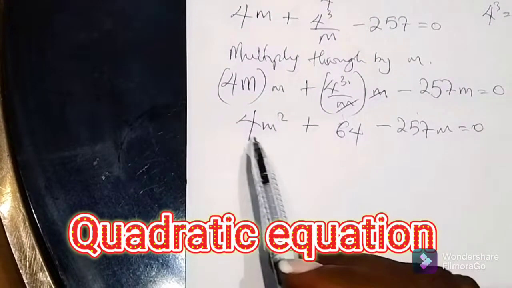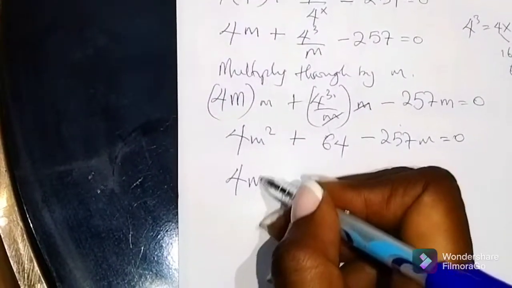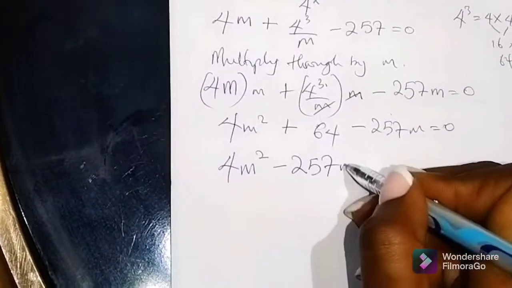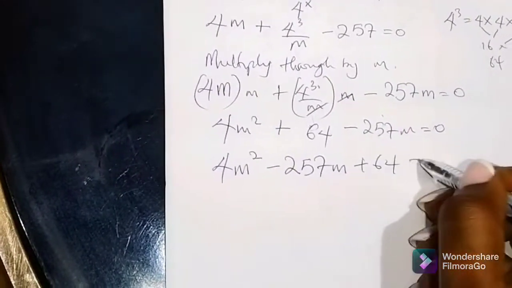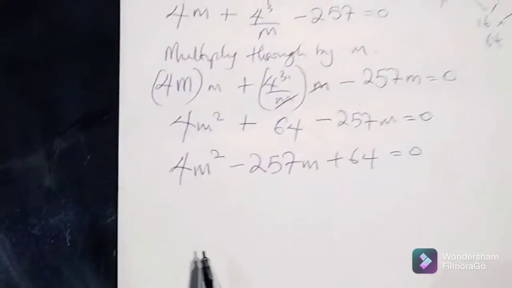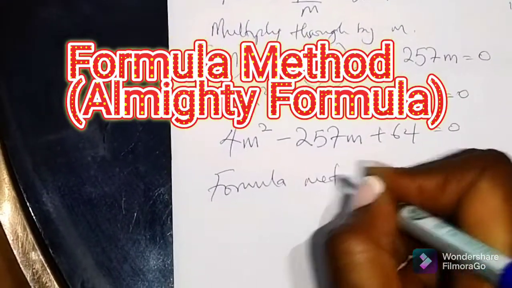Now an equation is popping up that looks like a quadratic equation. Let's rearrange it to 4m squared minus 257m plus 64 equals 0. This doesn't look like a quadratic equation that can be solved by simple factorization, so we're going to use the formula method.